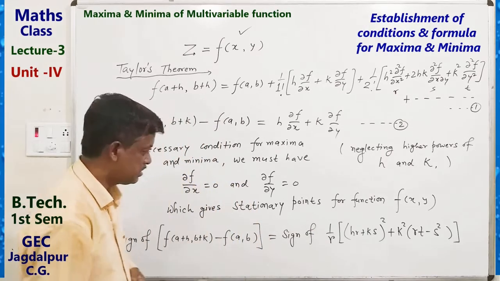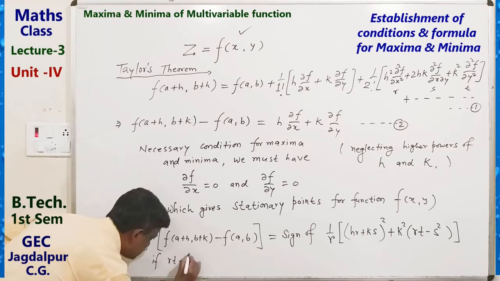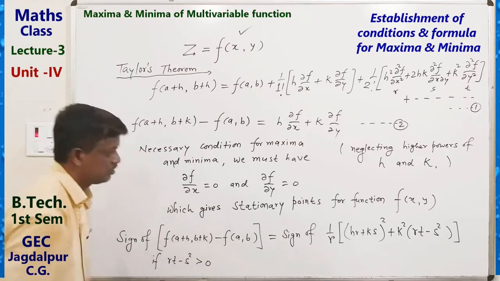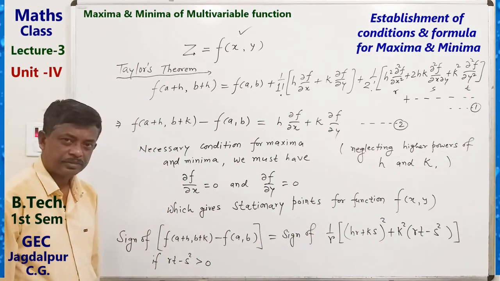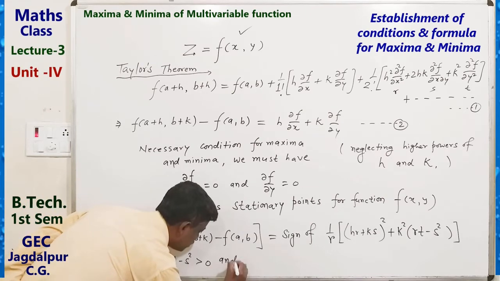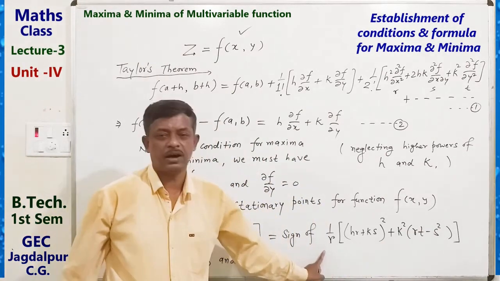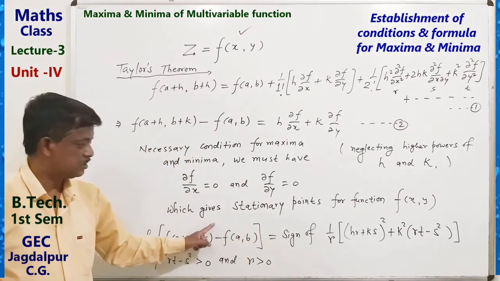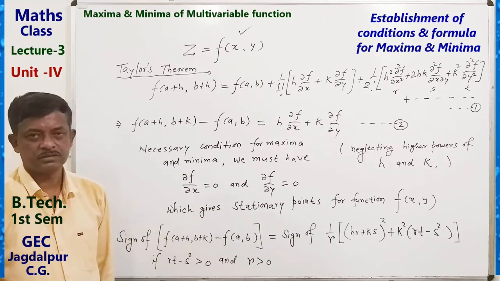That means if rt minus s square is greater than 0, this quantity is greater than 0, and also r is greater than 0, this is positive, r is positive, this is positive. Positive means minimum.